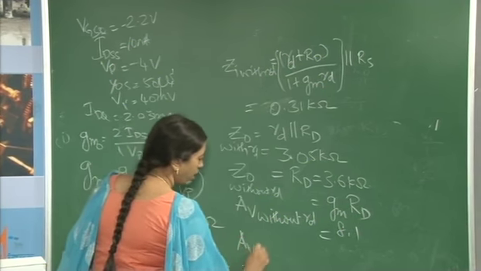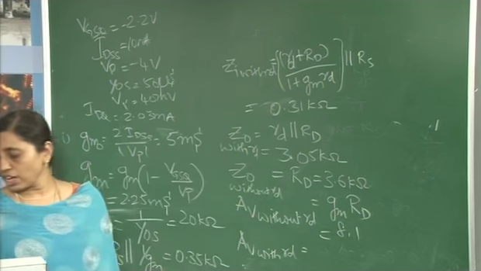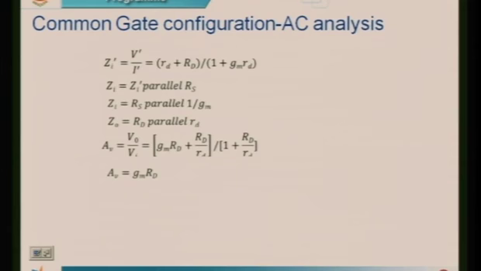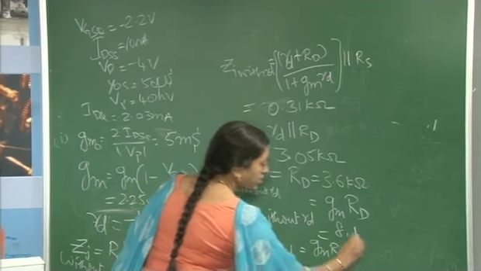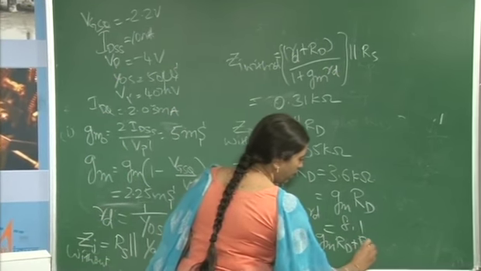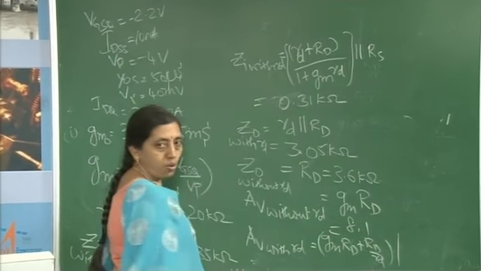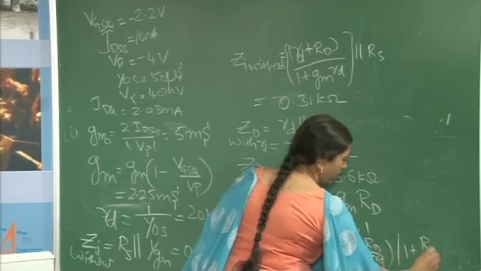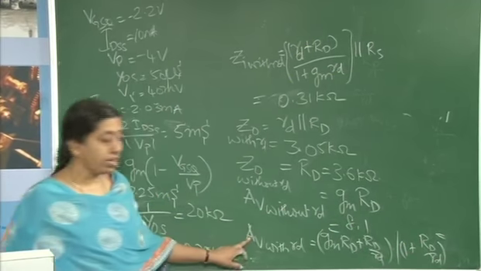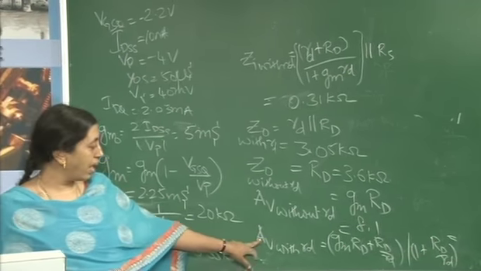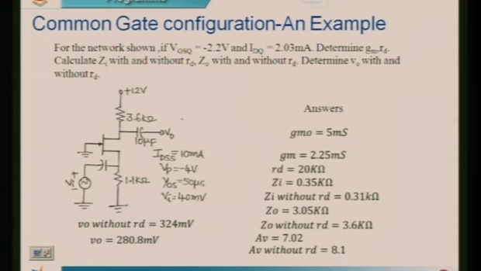On the other hand, Av with rd, we have to use the expression which we have just now derived, which is nothing but gm RD plus RD by rd divided by 1 plus RD by rd. Substituting the values, we find that gain with rd will be lesser than what we get without rd. So, it is around 7.